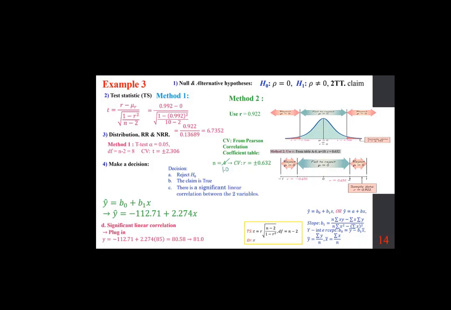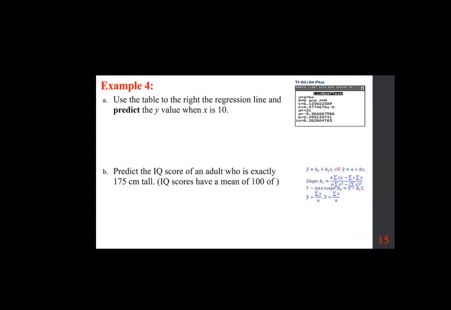Here's the synopsis, if you will. If you look at the first part, it says use the table to the right, the regression line, and predict the y value when x is 10. Now, this is the formula. I hope you see the A and B, everybody.